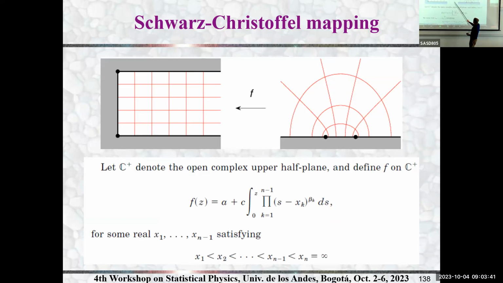It's a mapping in both directions, from this finite bounded system, in general a polygonal system. So the general definition is you have a polygon like a square, and you map to the infinite half plane, and then you can see how the iso-height and the longitudinal lines are transformed.